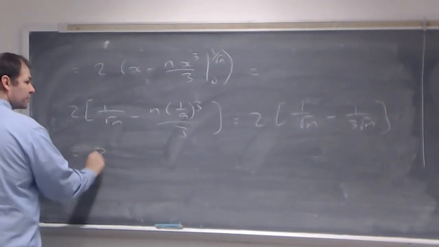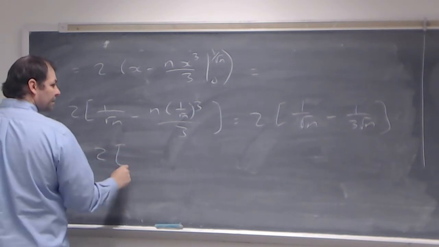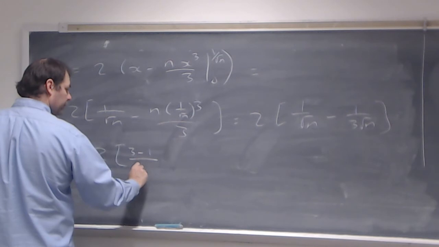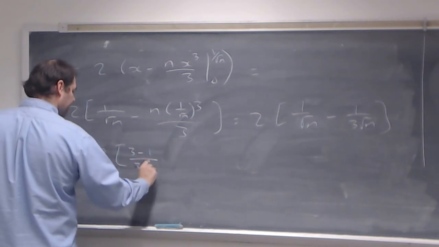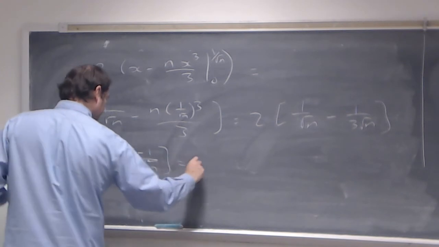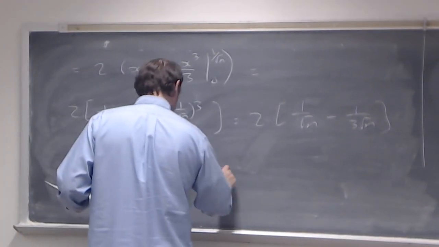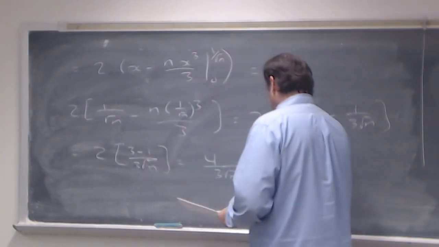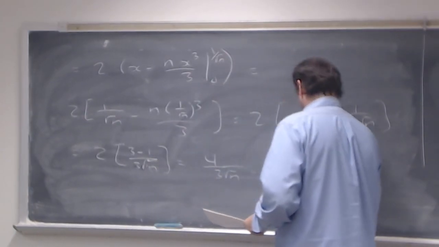And that's just equal to, with the common denominator, 2 times 3 minus 1 over 3 times the square root of n, which is equal to 4 thirds square root of n. Okay? And that's definitely greater than 1 over the square root of n.